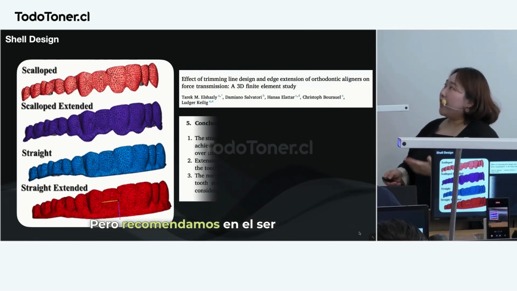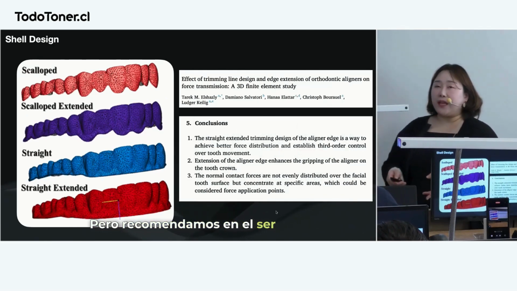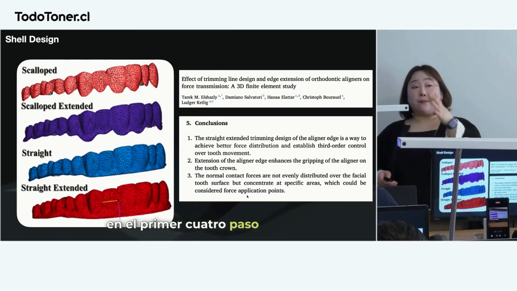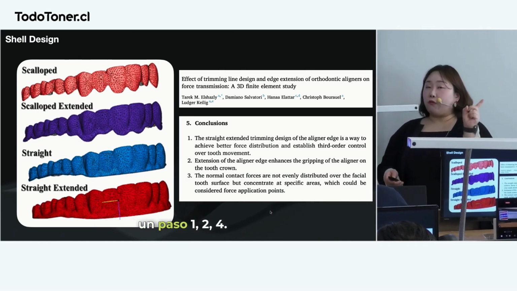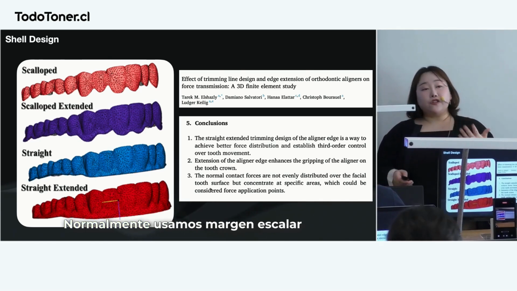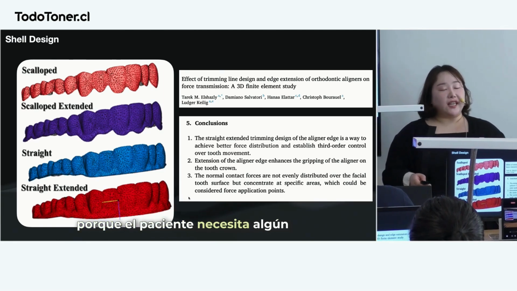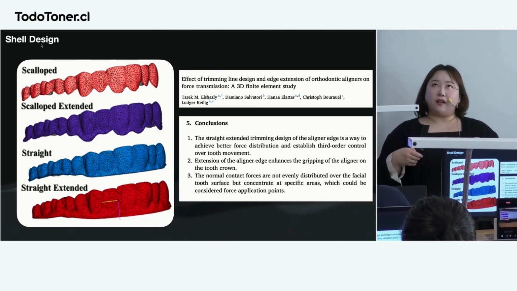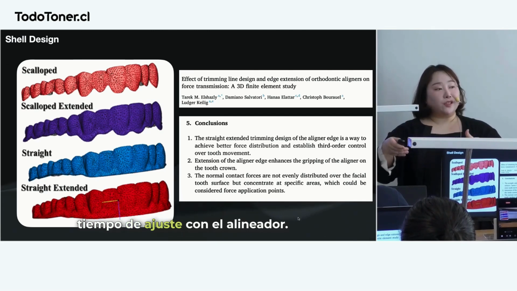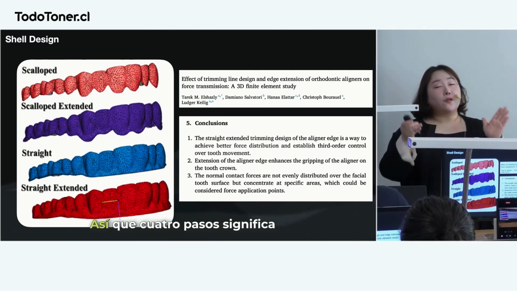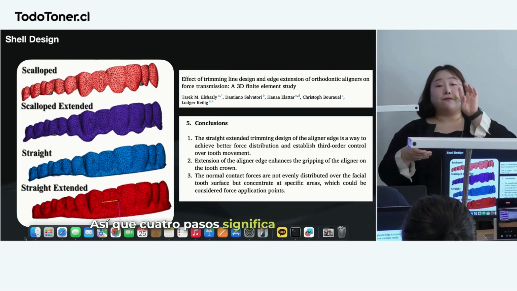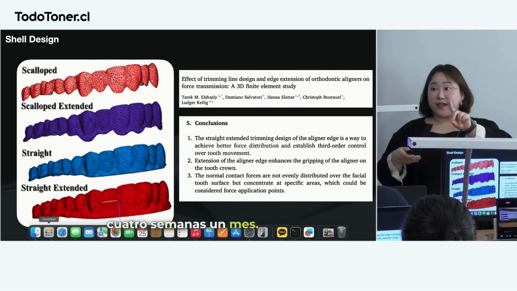But we recommend that for the beginning four steps, steps 1 to 4, we usually use scallop margin because the patient needs some adjustment time with the aligner. Four steps means 4 weeks, 1 month.